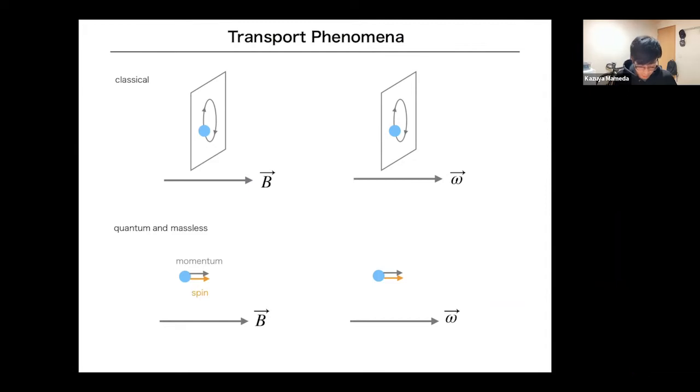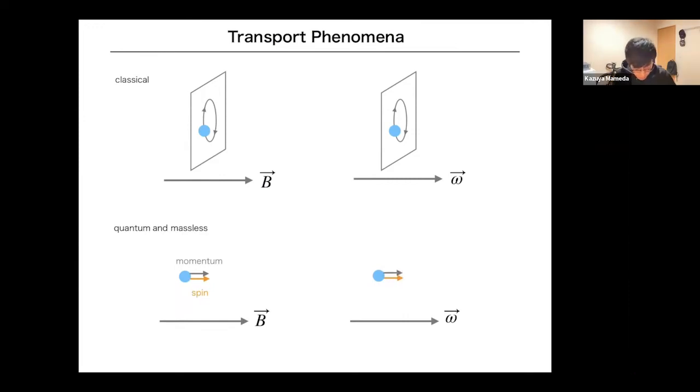Now we are considering the right-handed chiral fermion. Then momentum direction should be along this direction. And also, the rotating fermion has a momentum like this.